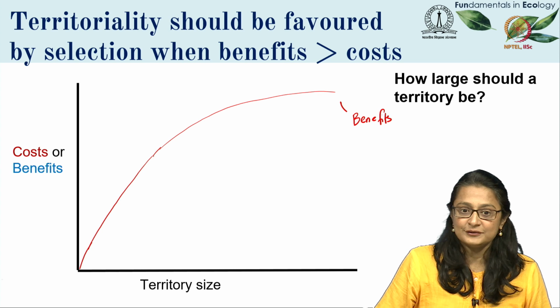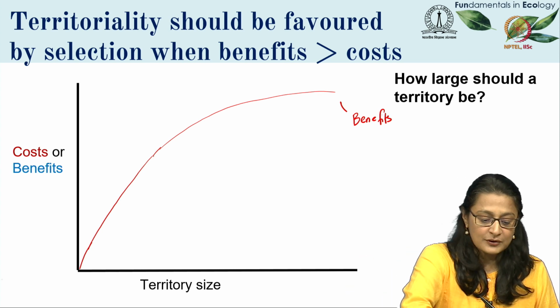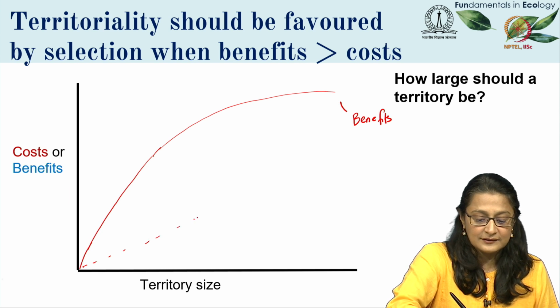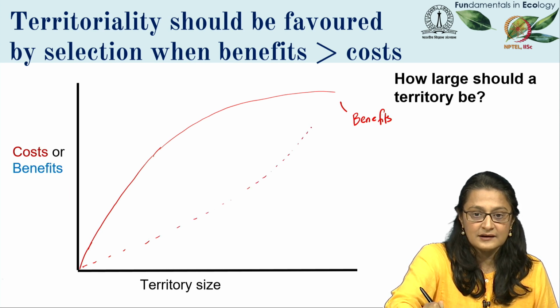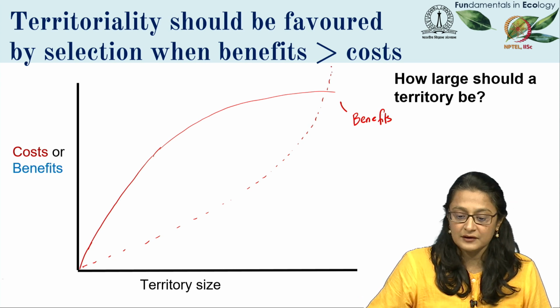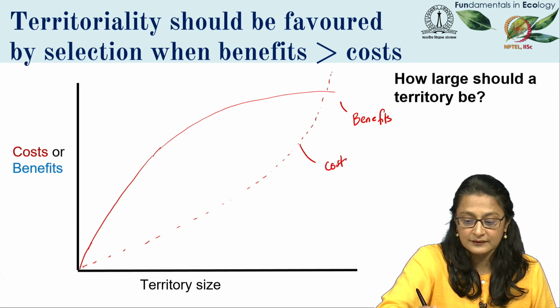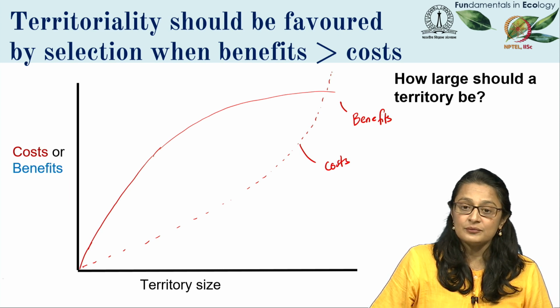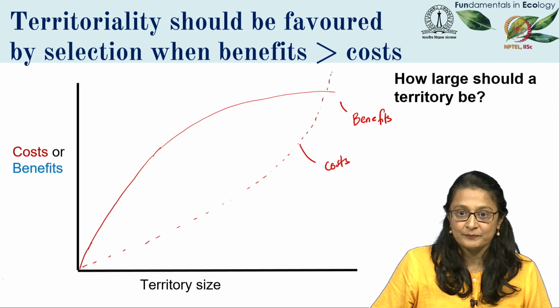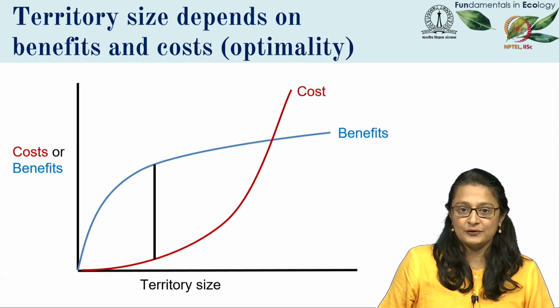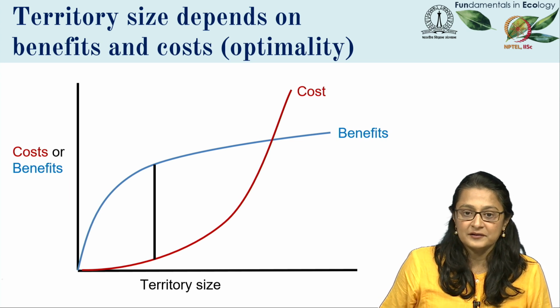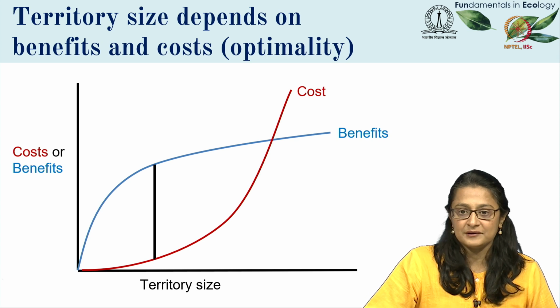The cost curve will also increase. Small territories are easier to defend, but as territory size increases, it gets harder and harder to defend a territory. So costs will also increase in a slightly different way. It will increase more rapidly than the benefits do. So let's take the cost and benefit curves associated with a territory of varying sizes, and ask, what is the optimal territory size?